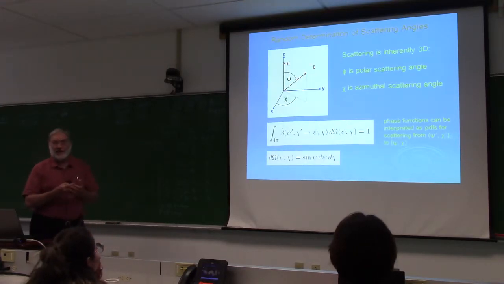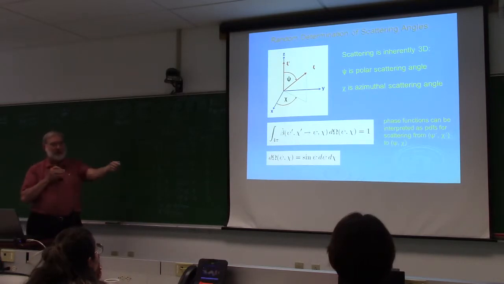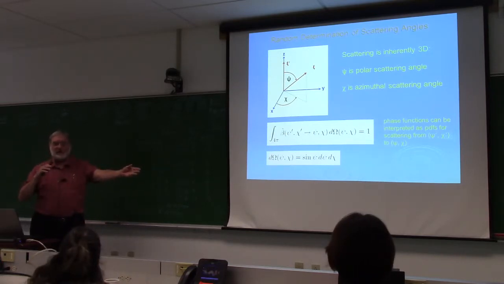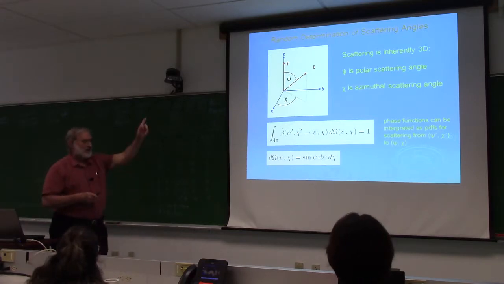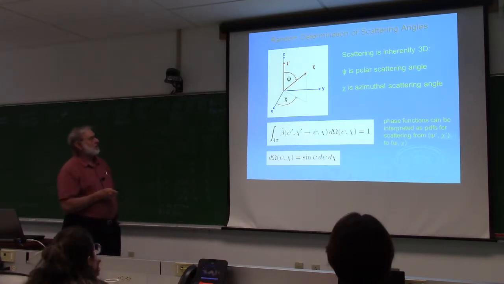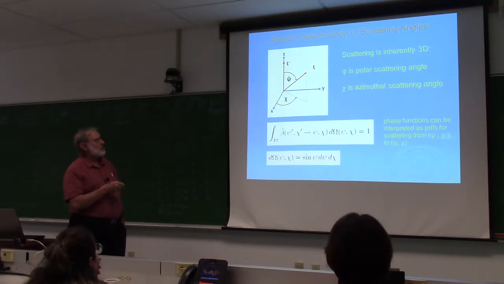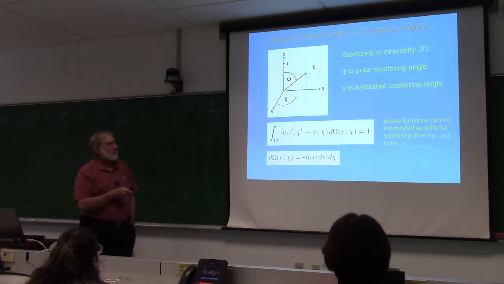Okay, so now we need to determine a scattering angle. We shot the ray out, it went 2.3 meters, now we have to decide, it's scattered, so what direction does it go? Well, back to our old coordinate system here, we get to pick the coordinate system. The ray starts in this direction and scatters into that one, and there's the scattering angle. So now we have to figure out what to use for the PDF to get this scattering angle at random.